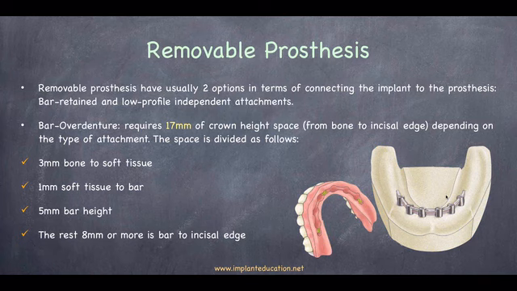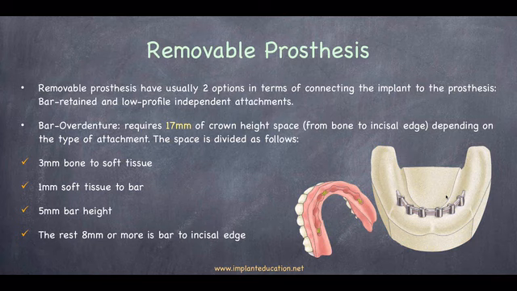But let's say a patient came and wants a bar overdenture and is about to lose his teeth due to failed endo, fractured roots, trauma, whatever, and he did not yet lose any alveolar bony height. In that case, he will not be a candidate for bar overdenture. And if you place the implants for a bar overdenture, it would be very challenging, if not impossible, to fabricate.